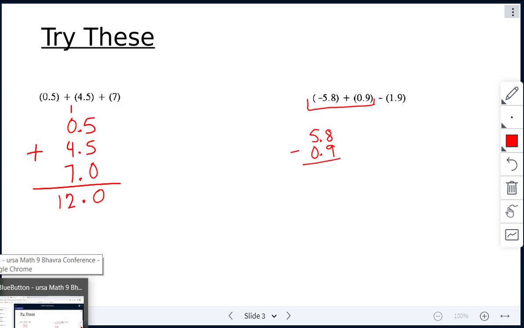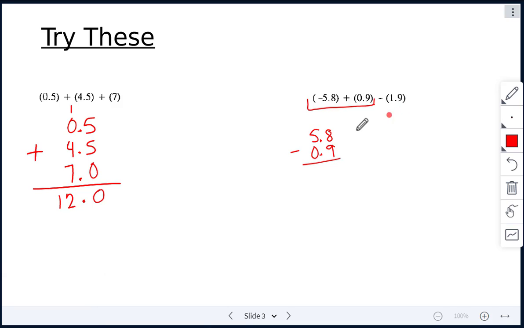So for our next example here, it's a negative 5.8 plus 0.9 minus 1.9. So we're looking at our first two numbers here. We are looking at negative 5.8 plus 0.9. All right, so back to our addition rules for integers.